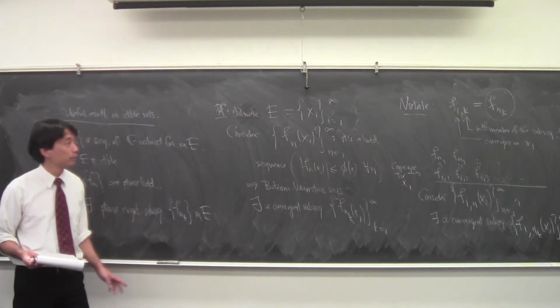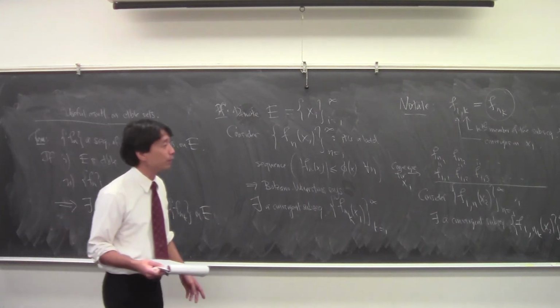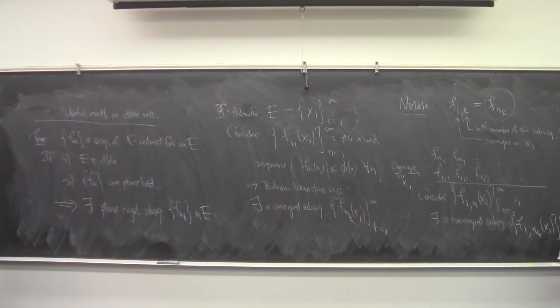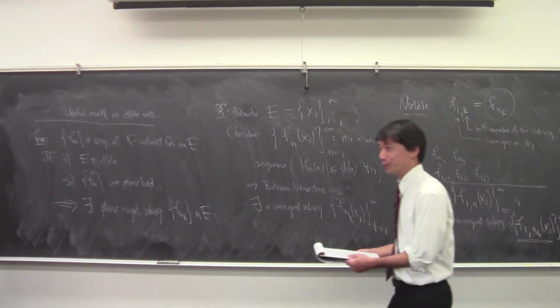F sub 1 or F sub 2? F sub 1 for now. Just to say that we take our original subsequence and we take a subsequence of that subsequence. But you're right, in a second I'm going to call it F2.